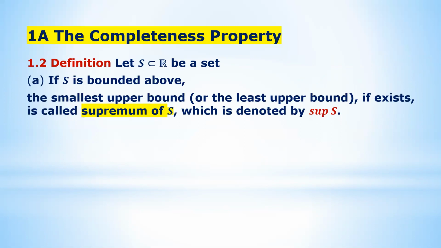In this concept, we assume that the set is bounded above, and then we make another assumption: if the smallest upper bound exists, then I'll give this smallest upper bound another name. It's called the supremum of S.